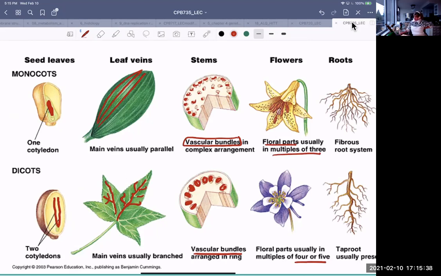And the roots are different too. So the monocot has a fibrous root system. So you can see there's no taproot there, but the dicot has a distinct taproot with lateral shoots.